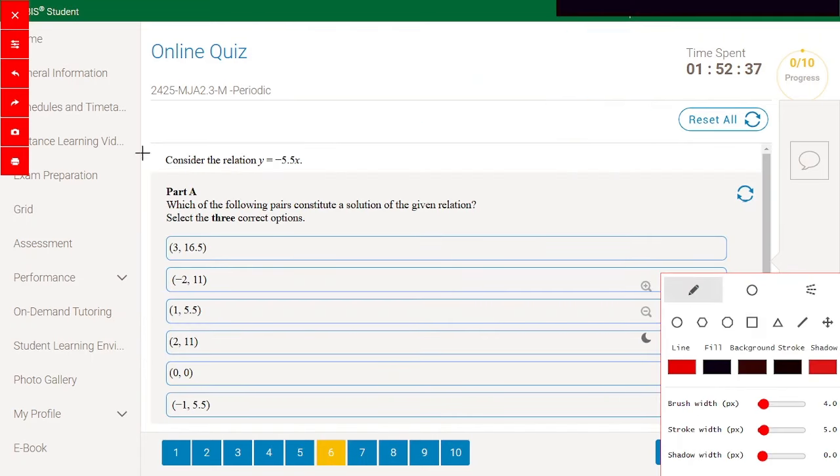Now consider the relation y equal to minus 5.5x. Which of the following pairs constitute a solution of the given relation? Select 3 correct options. So we'll take the first one. x is 3.